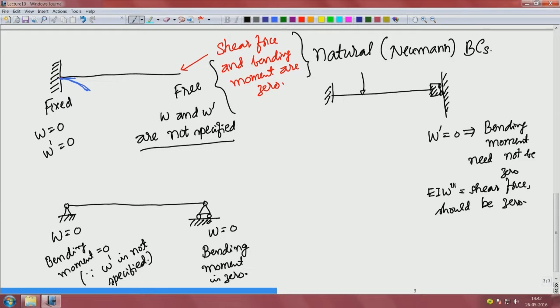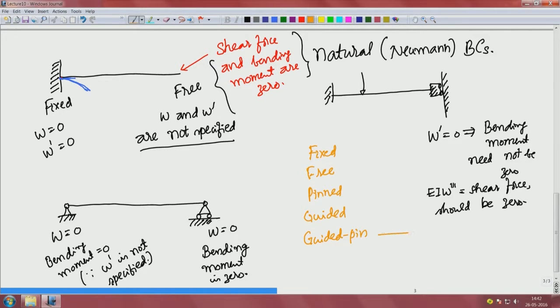natural or Neumann boundary conditions. Okay. So, likewise you should try a number of beams, because you can have a number of boundary conditions for a beam. So, we have considered fixed, free, pinned, guided like we have shown, and you can have guided with, okay.